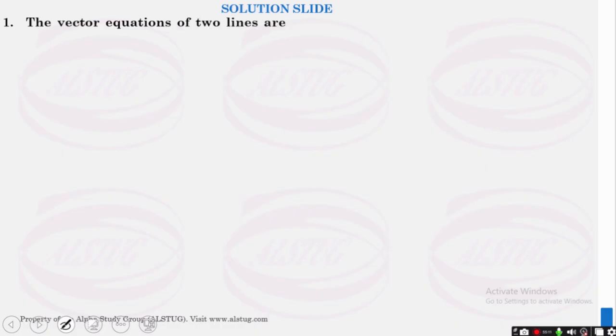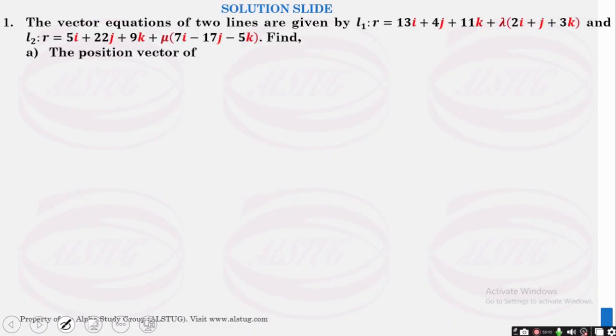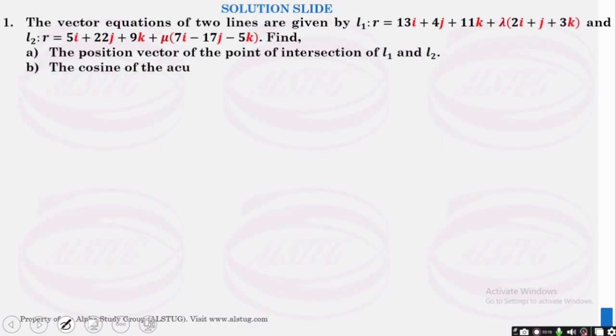They've given us L1 and L2. Now they're telling us to find A, the position vector of the point of intersection of L1 and L2, and B, the cosine of the acute angle between L1 and L2.